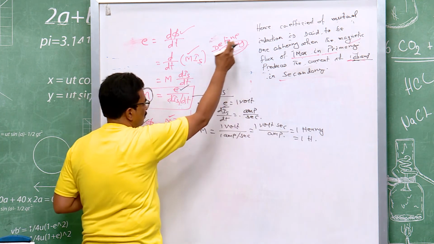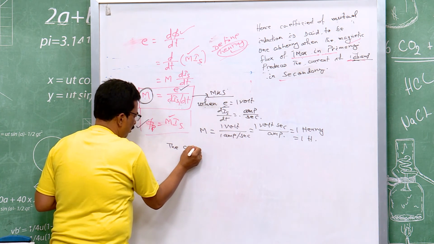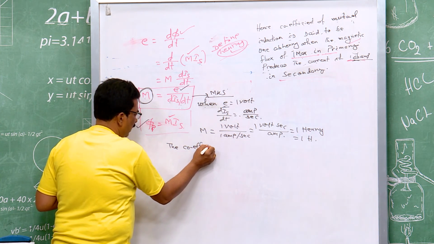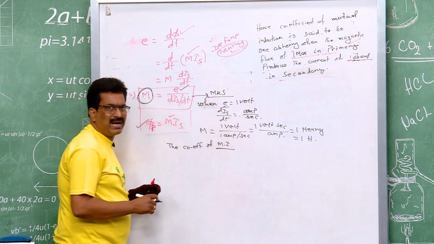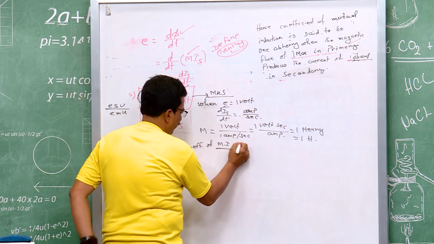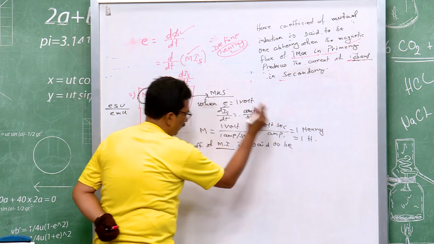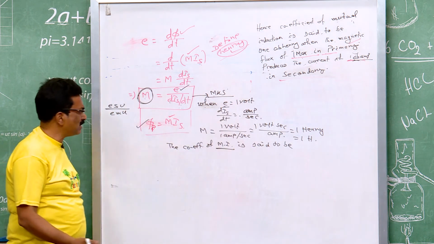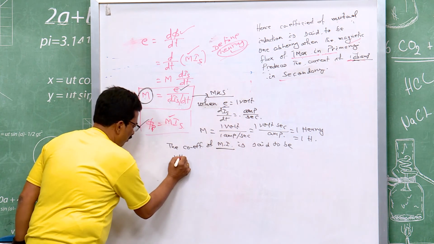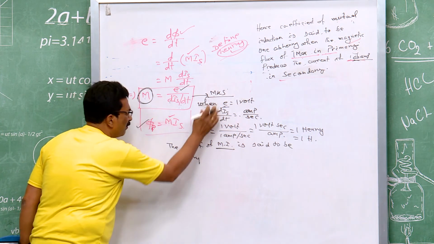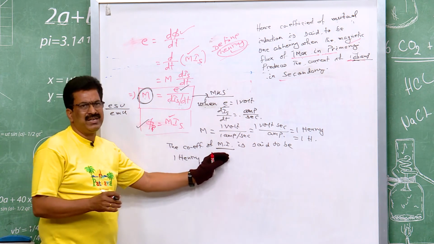So, how will the definition be here? The coefficient of mutual induction, M, is said to be 1 Henry. Only you remember the formula; according to your word collection, you will write its definition.